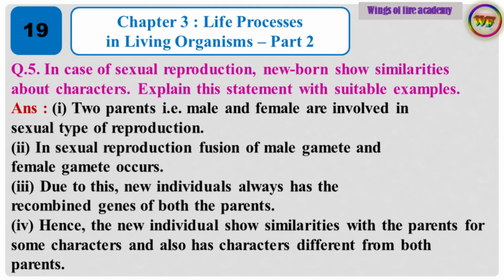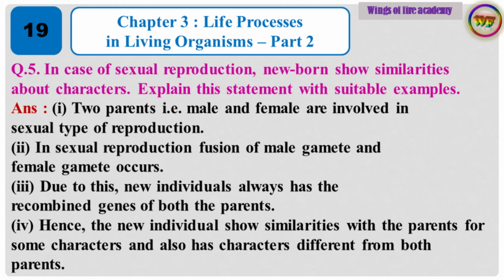Question 5. In case of sexual reproduction, newborn shows similarities about characters. Explain this statement with suitable examples. Answer. Point 1. Two parents, in other words, male and female, are involved in sexual type of reproduction. Point 2.